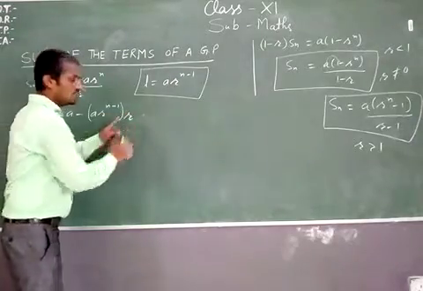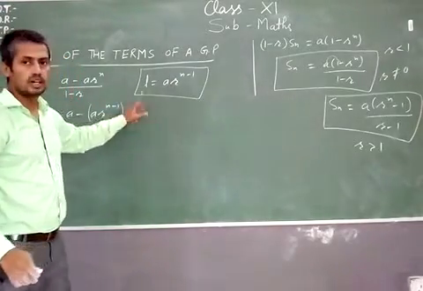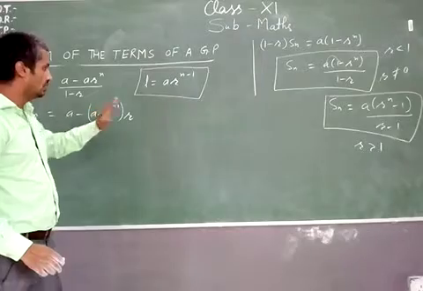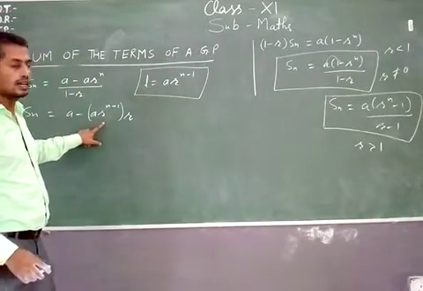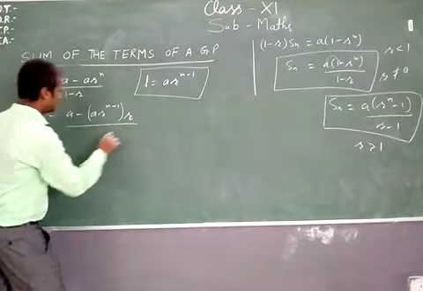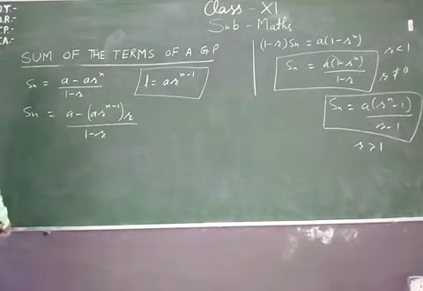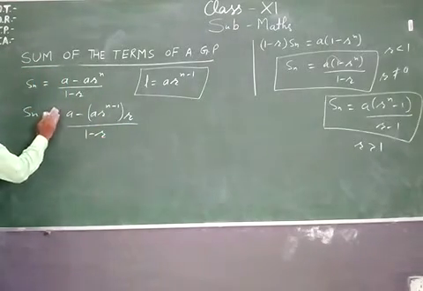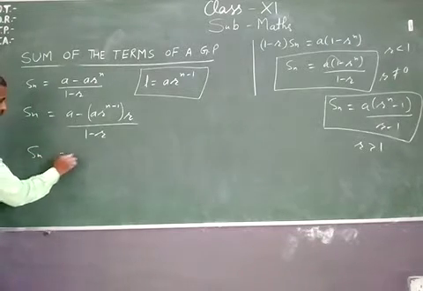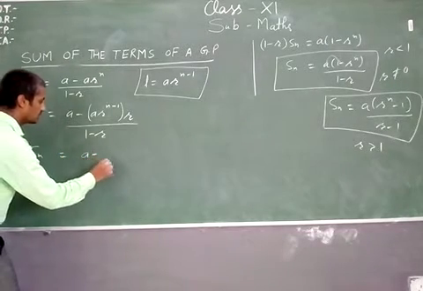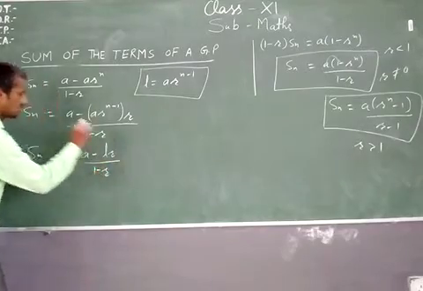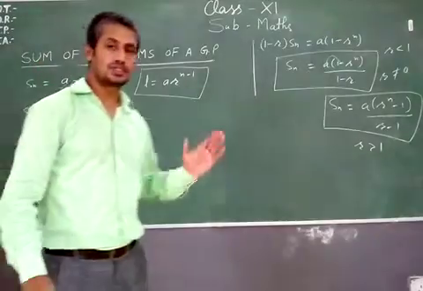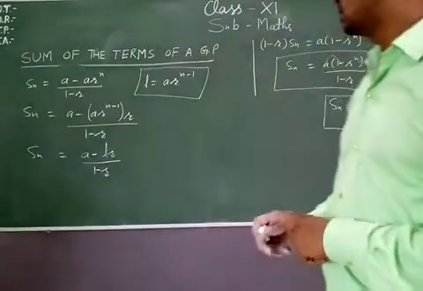This value's power is 1, 1 plus 1 minus 0, no change there. But this value can be written as L. So we can write here 1 minus r. Sn equals a minus L into r upon 1 minus r is the sum formula when the last term is given.